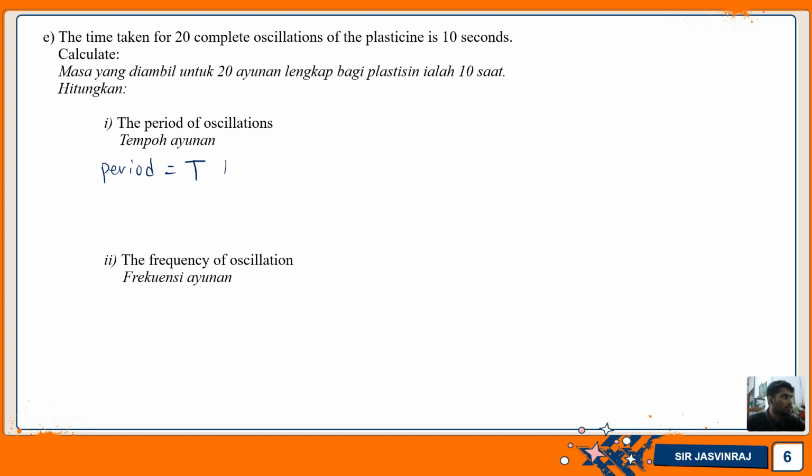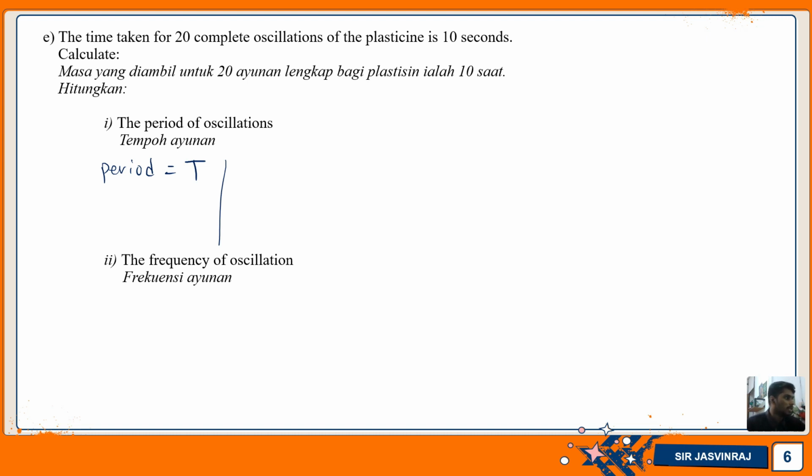Kalau kamu tengok buku teks, ada satu eksperimen yang dibuat dengan menggunakan pendulum ataupun spring balance. There are two experiments in the textbook. One is using a spring balance, another one is using a pendulum bob. So you can take both of them. Both use a single formula.